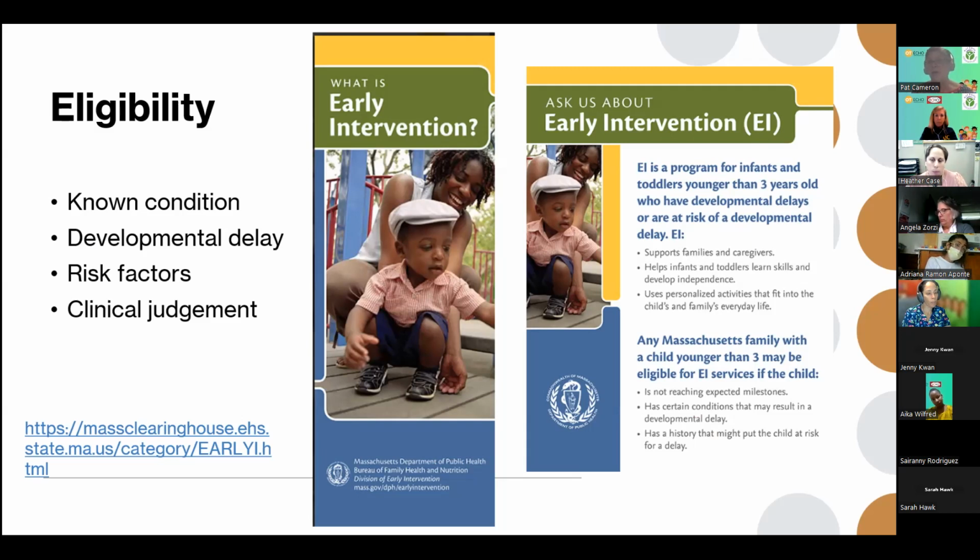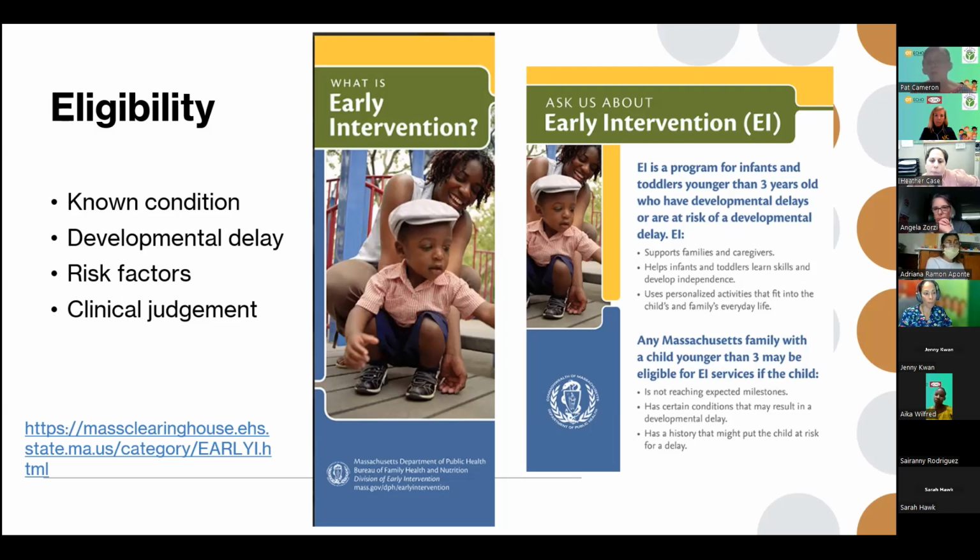But again, I encourage you, as a child care program, to order these free materials through the clearinghouse. They can be shipped directly to your program, and you can have them out as resources. In addition to doing progress reports, every licensed provider is supposed to have resources for families.